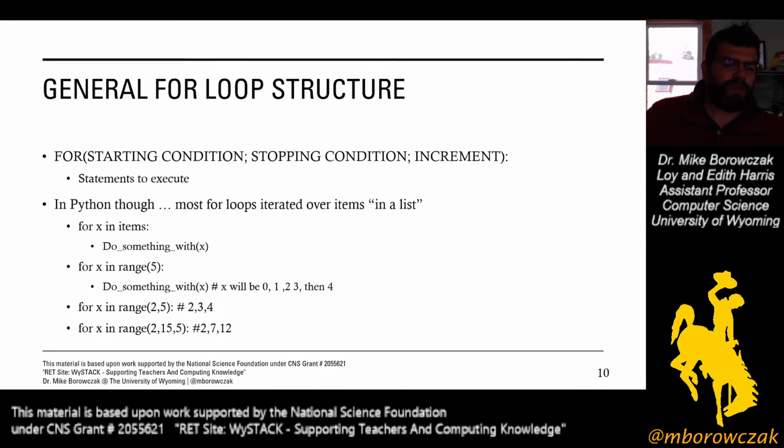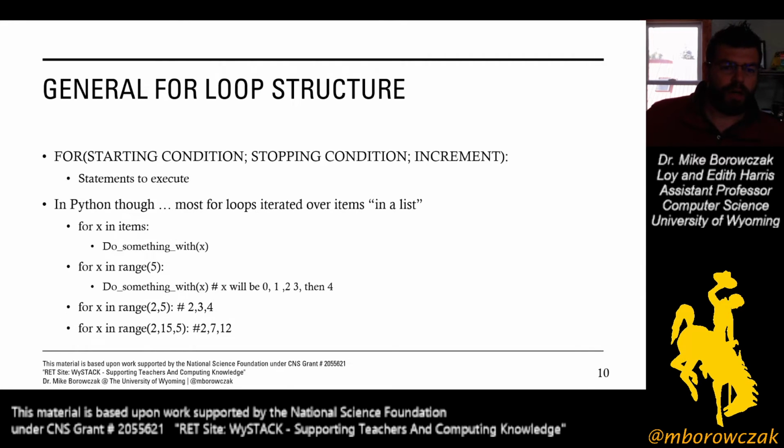Now, if you wanted to do something for a set of numbers that was slightly different, right? If the numbers actually matter, you can do a starting condition, starting at 2, going essentially not until 5, but through basically 2, 3, and 4. And then the final version, which is actually most similar to the very first one that we talked about, the general one, for x in range 2, 15, 5.